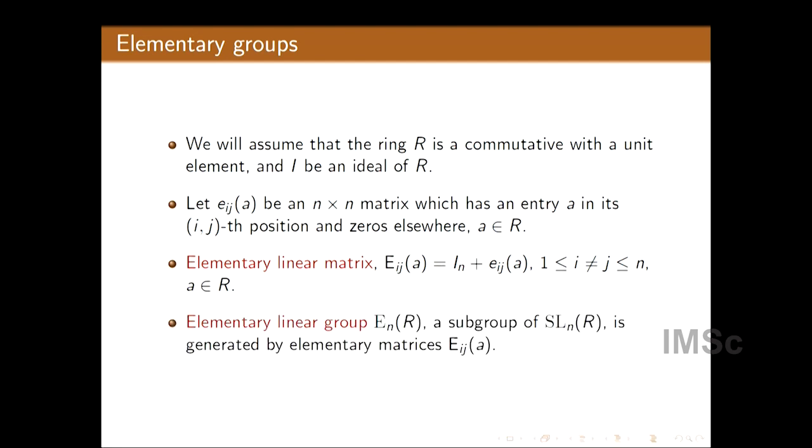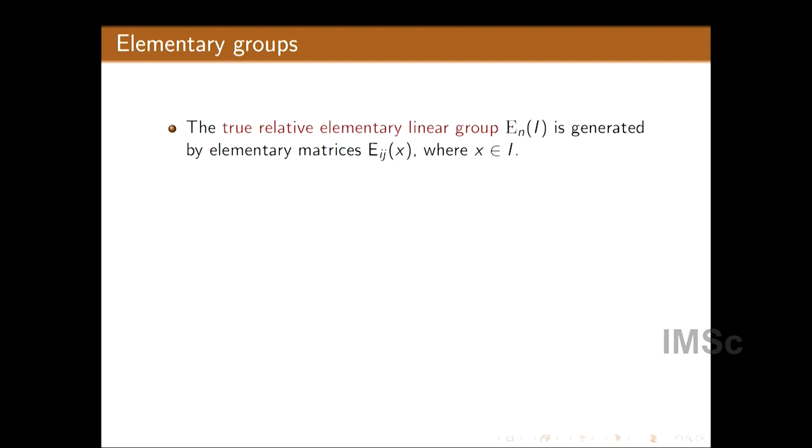You can look at the subgroup of SL_n(R) generated by the elementary linear matrices, which is called the elementary linear group and denoted by capital E_n(R). Then one can also talk about the relative elementary linear group E_n(I) for an ideal I. This is generated by E_ij(x), where x comes from the ideal I. Next we look at the relative group E_n(R, I).